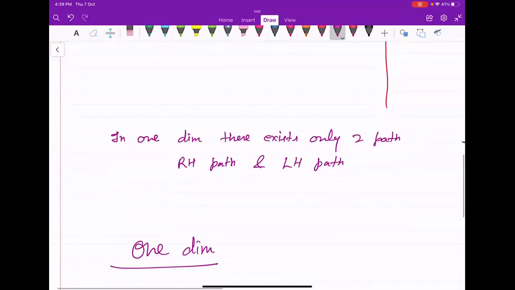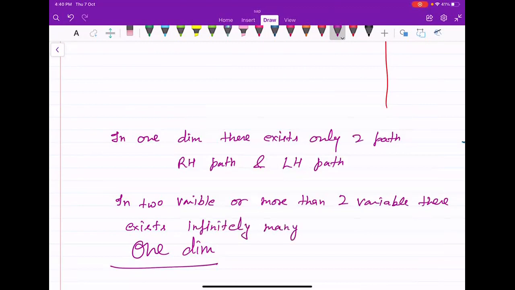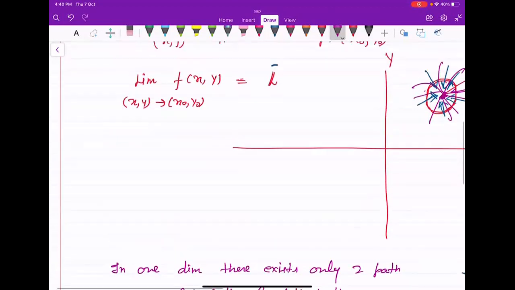In two variables or more than two variables, there exist infinitely many paths to approach the point (x0, y0).